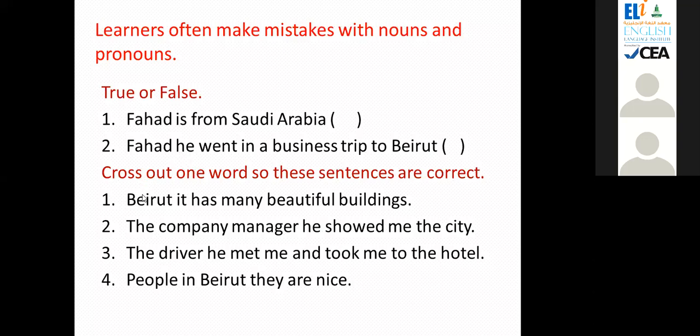Okay, here I want you to look at these four examples. Cross out one word from these sentences so these sentences are correct. So you need to cross out one word from each sentence. Number 2, number 3, number 4, great.